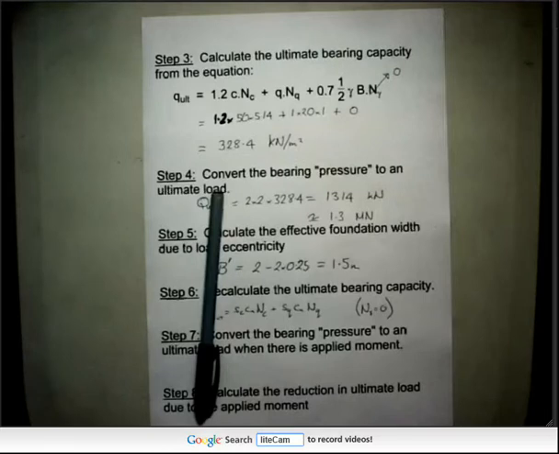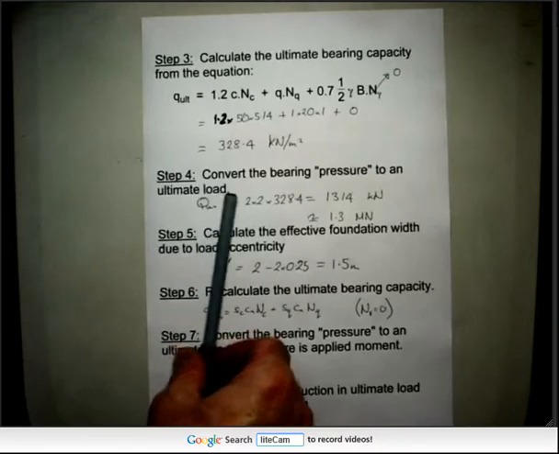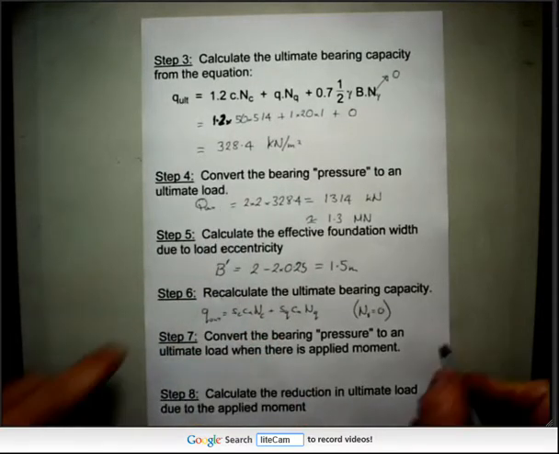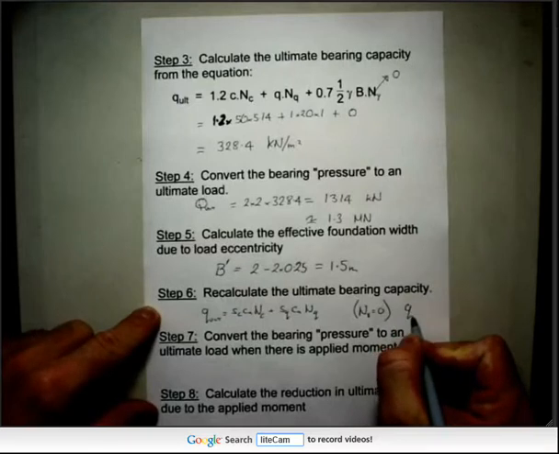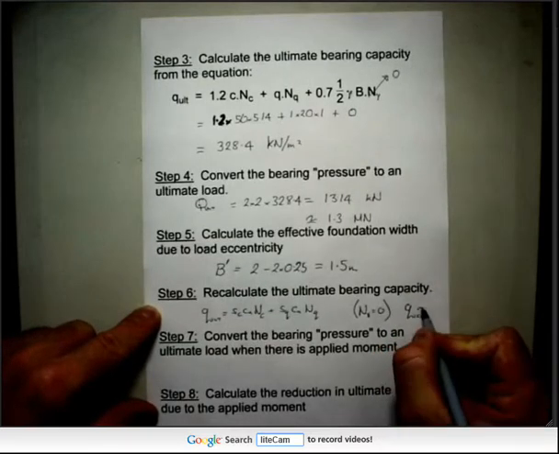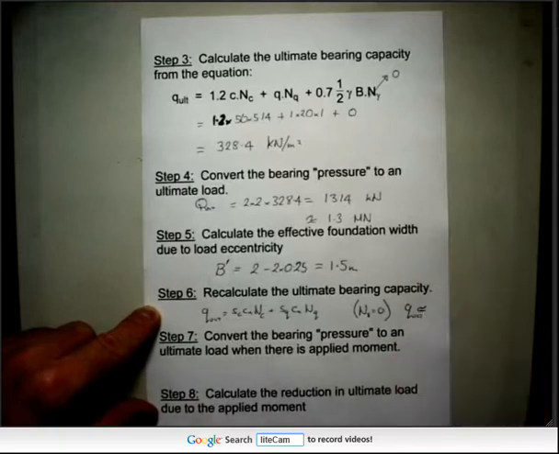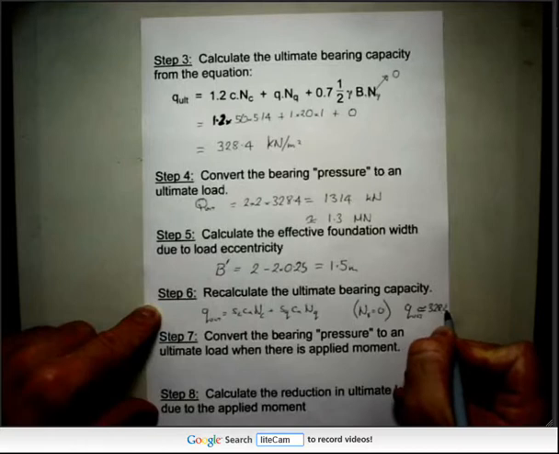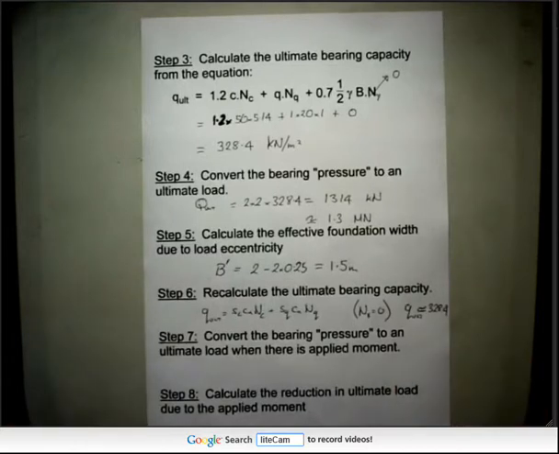It will drop to about 1.17 or something, but I've ignored that small difference. So I'm saying, for the purposes of the calculation here, Q ultimate is approximately 328.4. So the big effect is not in terms of the change in the bearing pressure, but the big effect will come from the change in the bearing area.